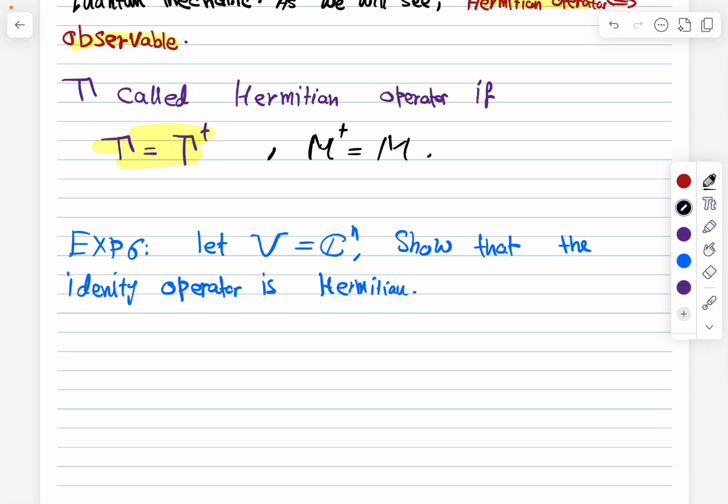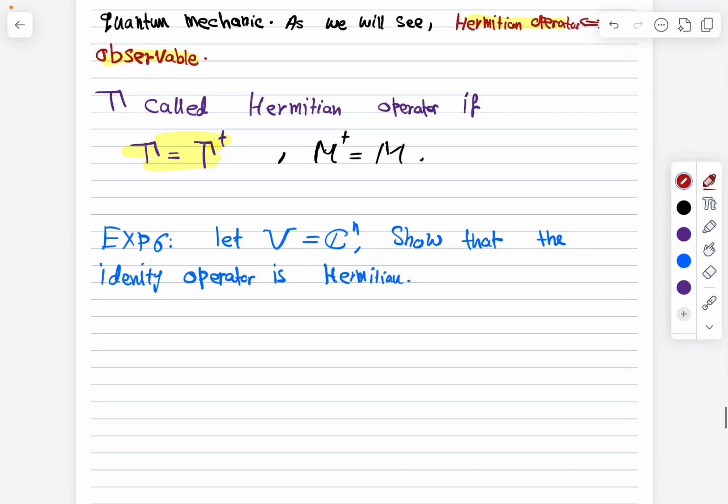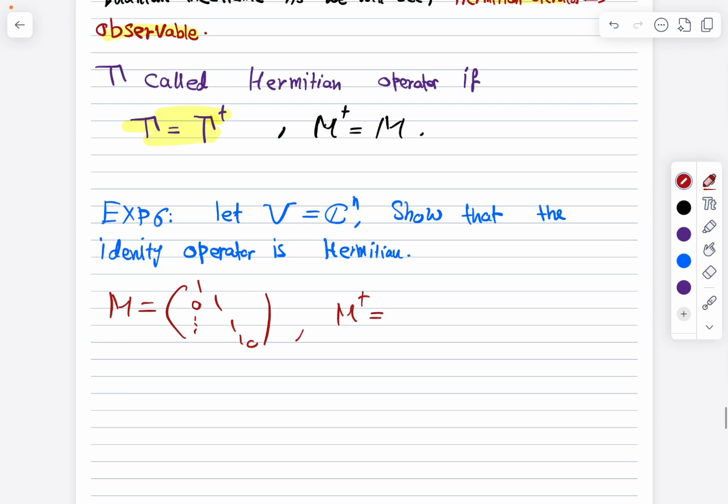It's very simple. We have two ways. The first way is using matrices. We know that the matrix representation of the identity is all zeros except on the diagonal, so we have 1, 1, 1. Now let me take the dagger, or the conjugate transpose.